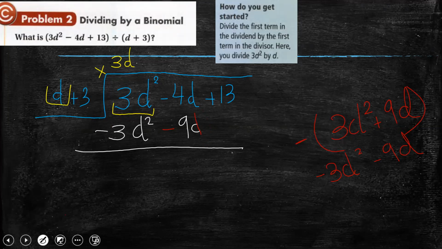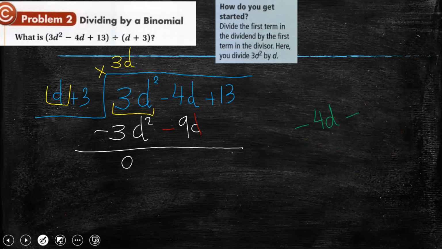So then after this step now, 3d squared minus 3d squared is 0. And negative 4d minus 9d. Let's do it here. Negative 4d minus 9d.